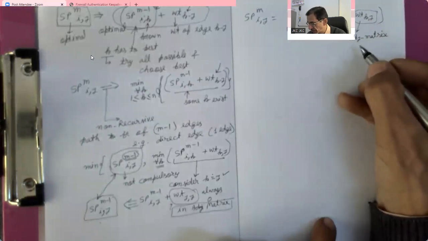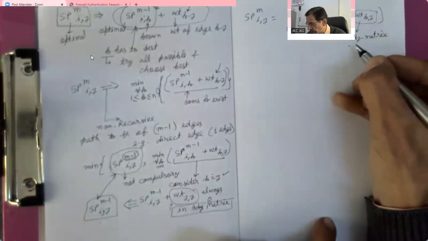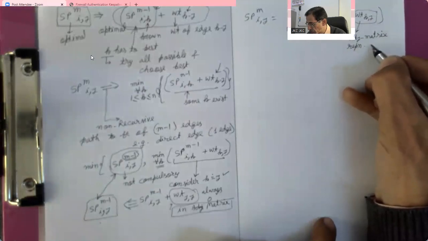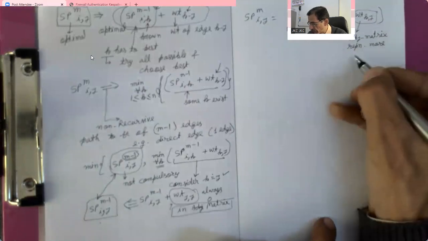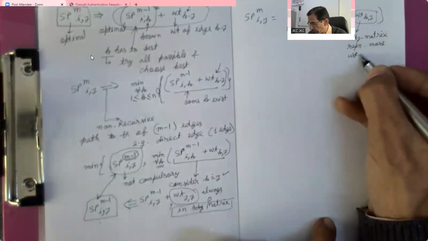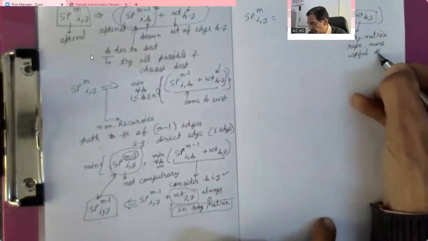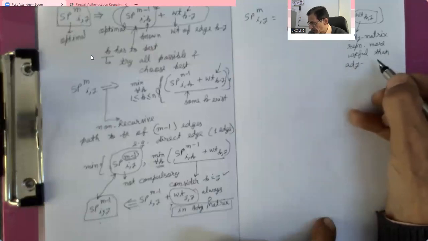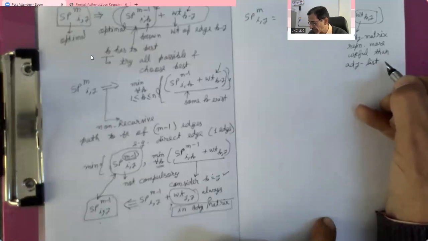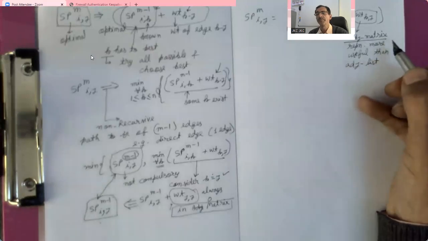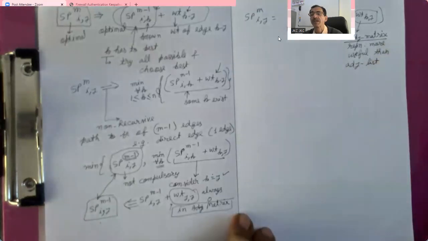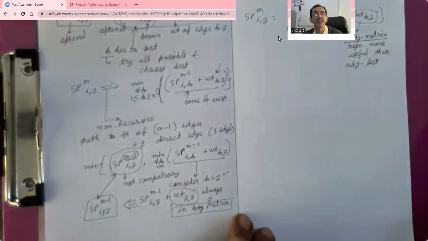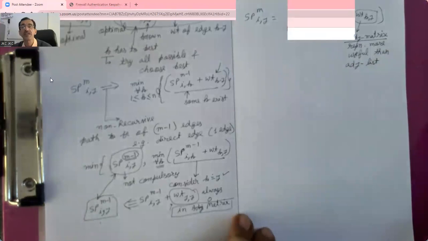So this representation will be more useful, and easier to program, compared to adjacency list based representation. So for all pair shortest path, the adjacency list representation could not be as simple or as useful as the adjacency matrix. Sorry, I forgot to change this slide. I'll just put it here and then explain again.